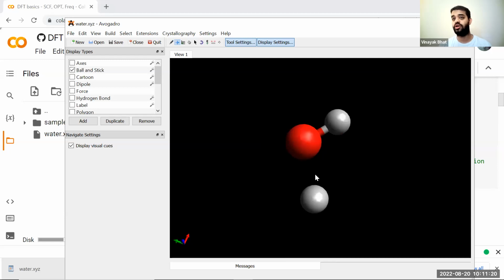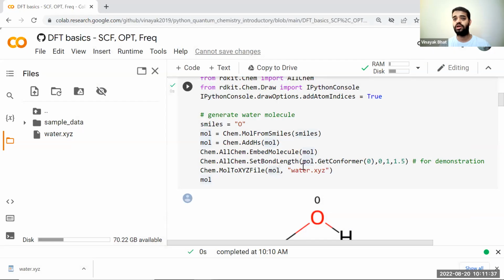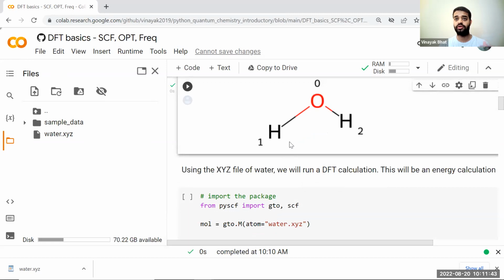That's because we drew it a little bit far away, and we'll see what happens when we do optimization. But this is for viewing the file. You can use any of the viewers for viewing it. Over here, I use Avogadro to open the XYZ file. And all of this is discussed in greater detail in session 1 if you missed it, but we'll not dwell on this part a lot.